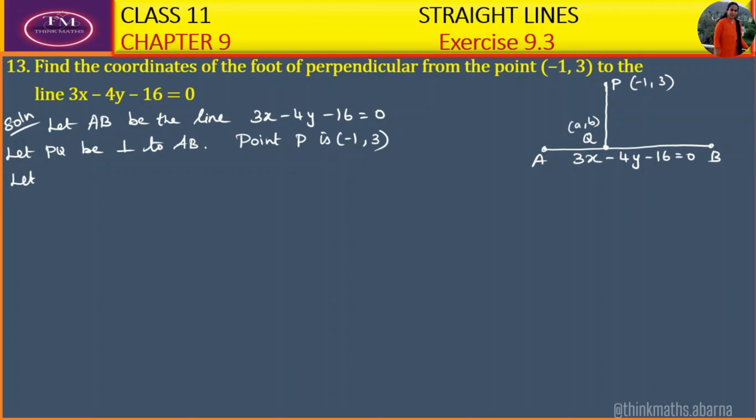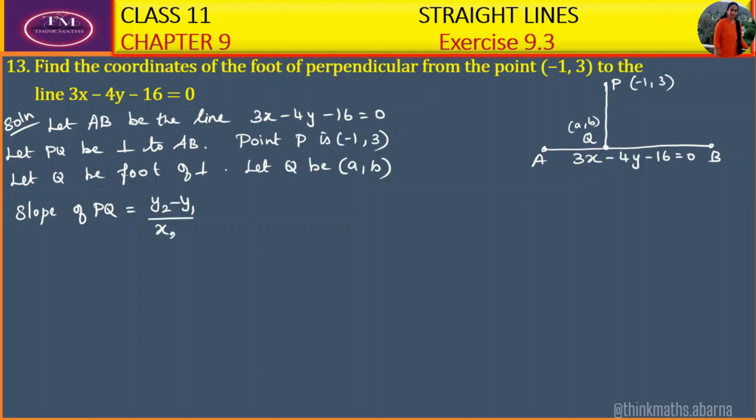Let Q be the foot of the perpendicular. So let Q be A comma B. We have to find out A and B. So first let us find the slope of PQ. If 2 points are given, it is nothing but y2 minus y1 divided by x2 minus x1. This is the slope formula.